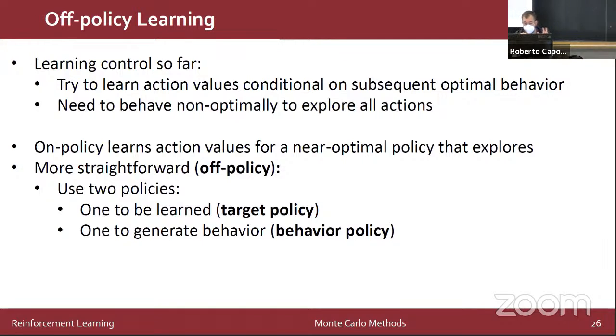I mean, we are trying to estimate something about the target policy, or we are trying to learn the target policy. The behavior policy is the policy that generates data. This means that we have two separate policies. One is the policy that I'm executing, which can be hand-coded, can be whatever you want, but it's a different policy from the one that I'm trying to learn about. And then the other one is the usual one, the one that we are trying to learn, and the one that we are trying to estimate the value for.